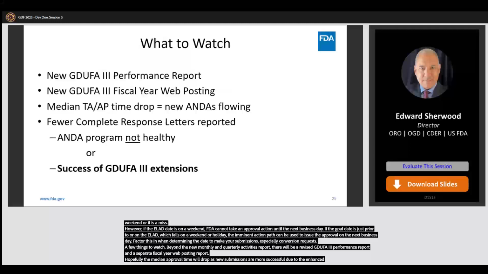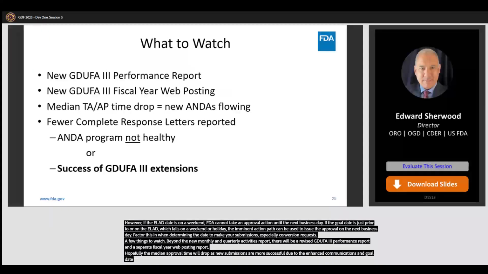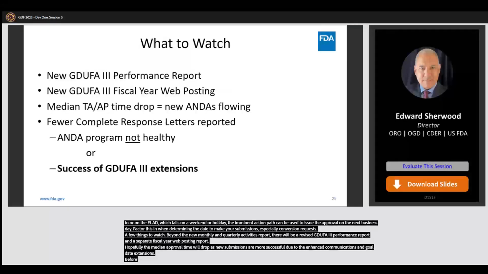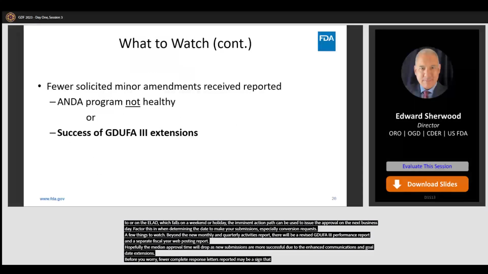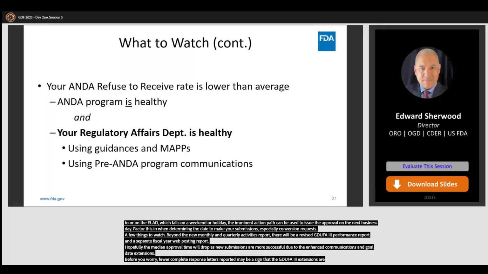Before you worry, fewer complete response letters reported may be a sign that the GDUFA III extensions are working. Similarly, fewer minor amendments received is another sign of extension success.